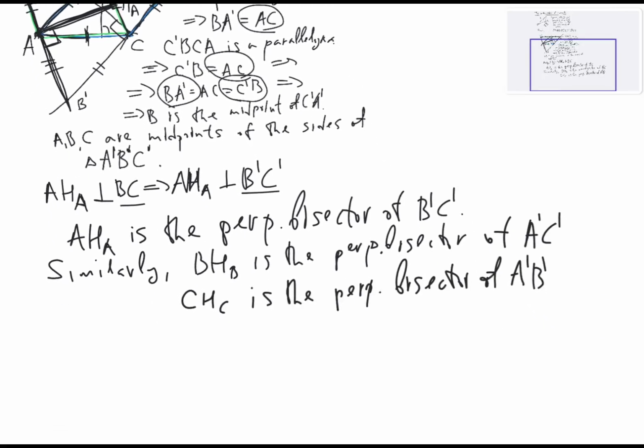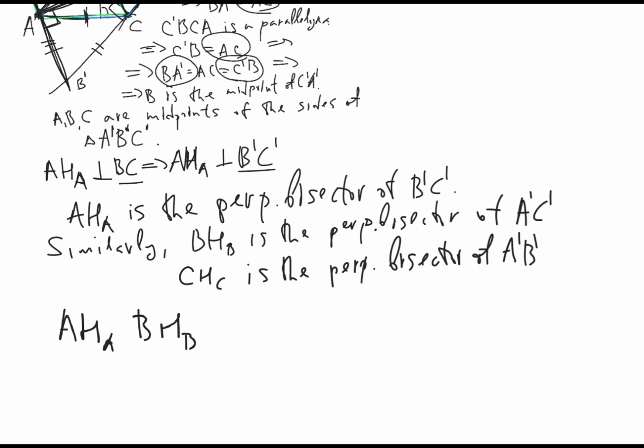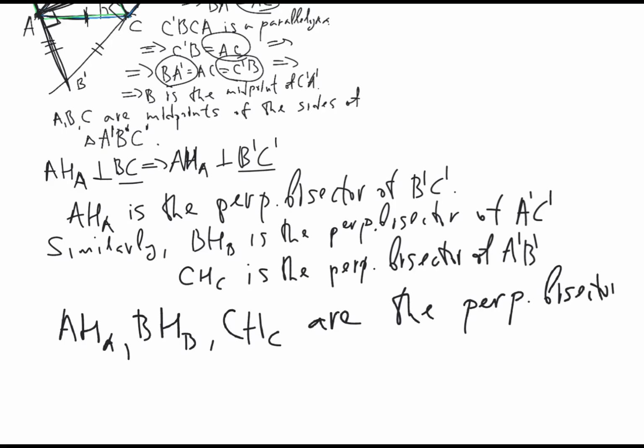So in total, these altitudes in the original triangle, A HA, B HB, and C HC, are the perpendicular bisectors in the triangle A prime, B prime, C prime.